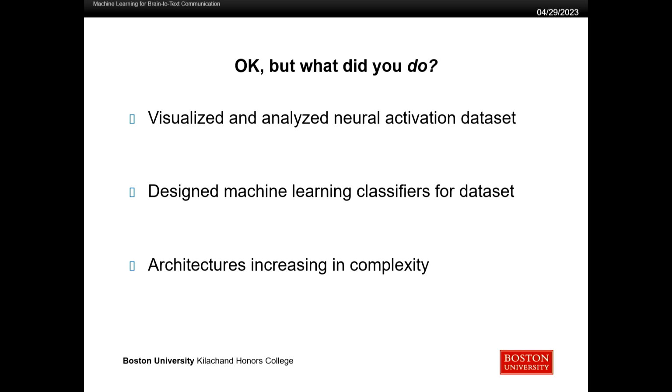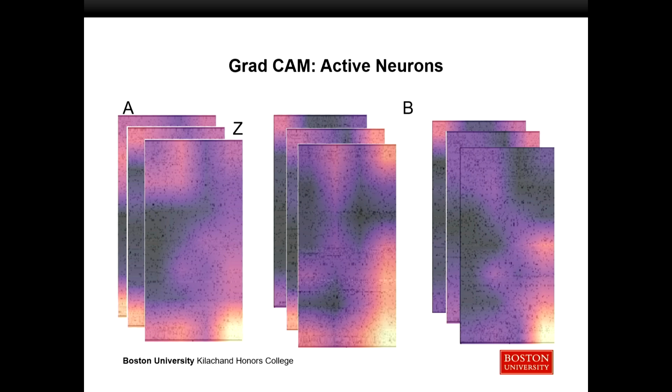So I was able to visualize and analyze this activation data set using an unconventional technique borrowed from statistical machine learning, in which I visualized each snippet, each letter recording, as a two-dimensional image where the x-axis represents time and the y-axis represents each electrode in the intracortical recording device that was used to record this data.